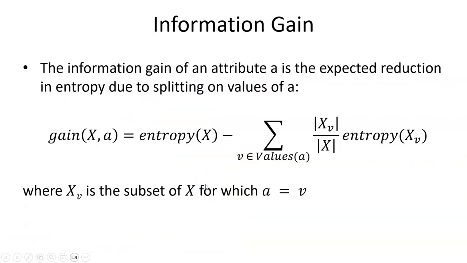So let's see information gain. The information gain of an attribute is the expected reduction in entropy due to splitting on the values of A. Information gain is one of the most important concepts, introduced by a very famous electrical engineering scientist, Shannon.